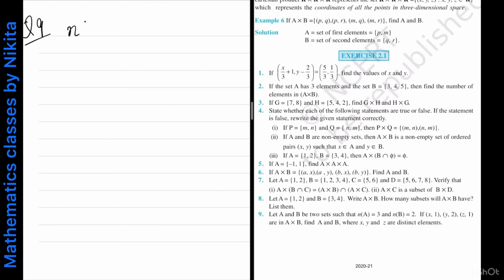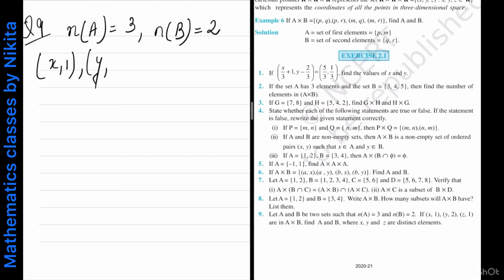It is cardinality of A is 3, cardinality of B is 2 and 3 ordered pairs are given to you in A cross B. It is that (x, 1), (y, 2) and (z, 1) belong to A cross B. Now note that all the elements are not given to you.